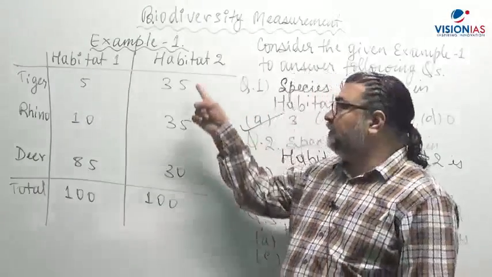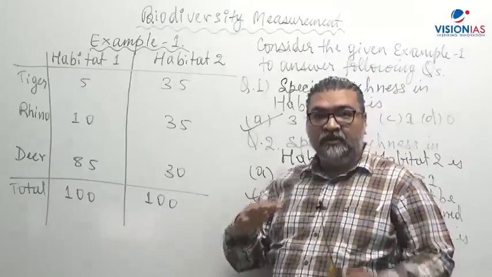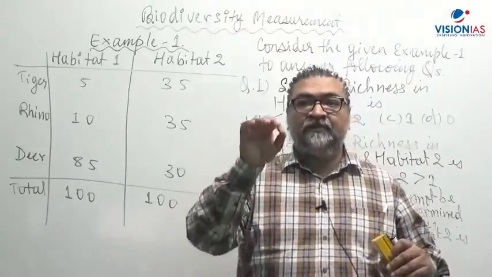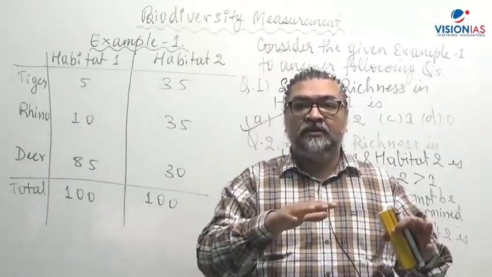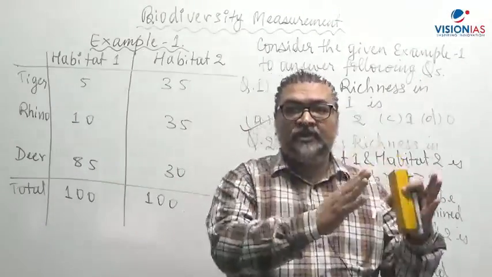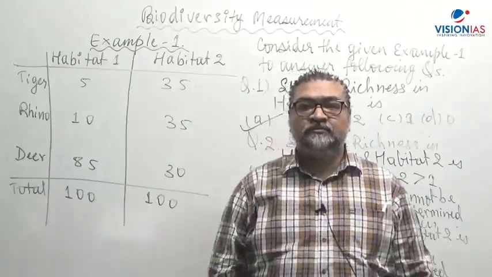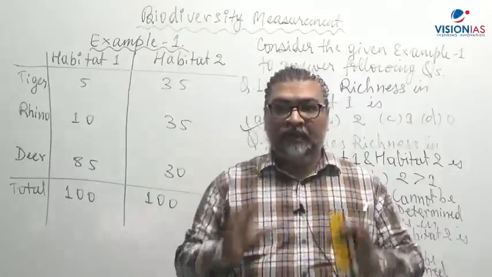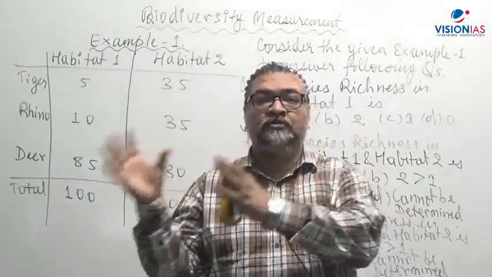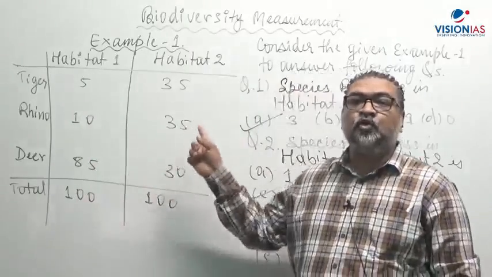But if you take habitat number 2: 35 tigers, 35 rhinos and 30 deer. 1/3, 1/3, 1/3. Equally distributed. Equal proportion. So proportionately represented in habitat 2.